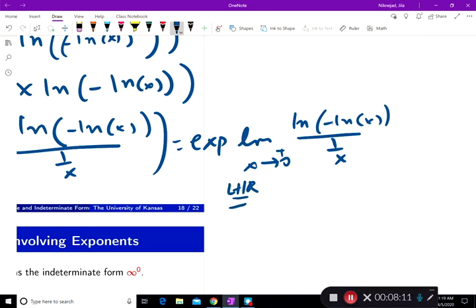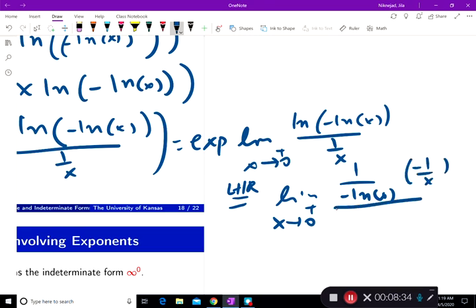and we end up with 1 over, let's see, the limit is forgotten. Let's write it. Limit x goes to 0, without the limit is not correct. 1 over negative natural log of x times the derivative of inside, which is negative 1 over x, divided by 1 over x squared.